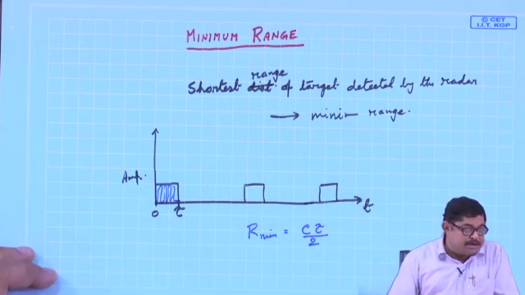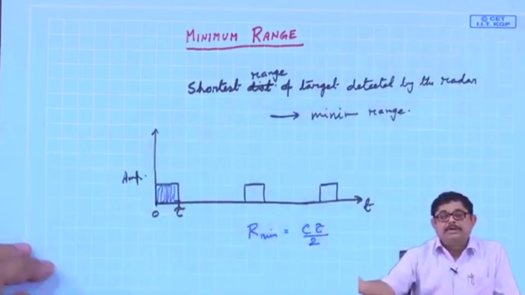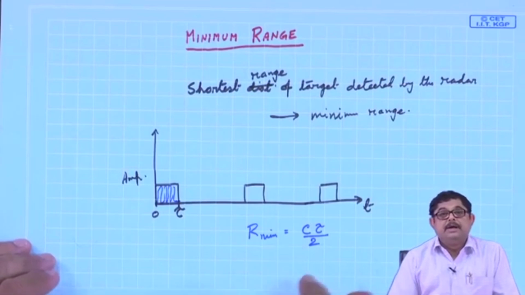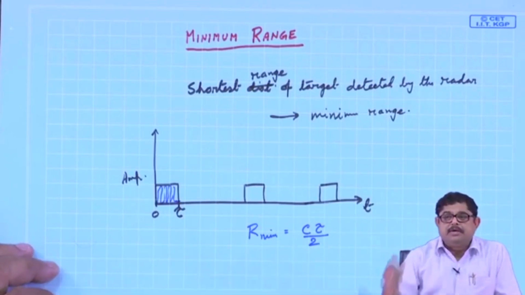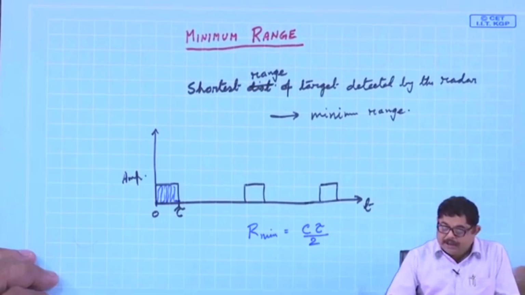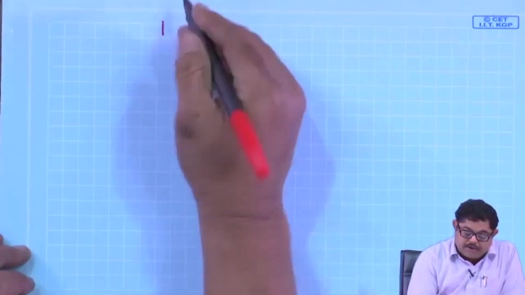So, this minimum distance, though it should be known, matters mainly because nowadays radars are also used for close sensing; in that case this parameter becomes important. But for normal aircraft detection or seeing at long ranges, this parameter is not so important. Okay. The next parameter that we will be seeing, a very important one, is called the resolution.